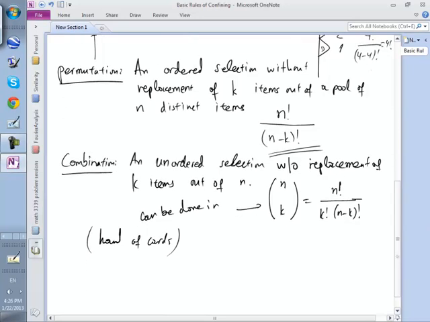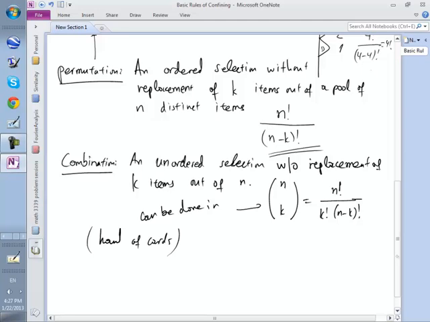So, in the permutation case, if you get k equals 0, which means you select no items, then if you select nothing, we have no case to discuss. So at least k has to be greater than or equal to 1.